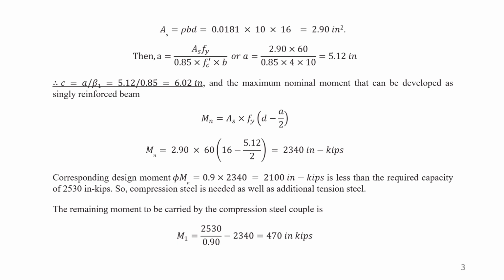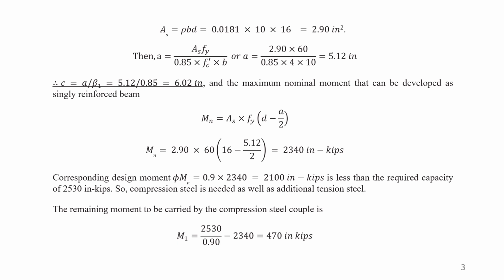Small c is the symbol of neutral axis depth for the beam, and here A is the value calculated in the previous line, and beta 1 for 4000 psi is 0.85. You can get it from the earlier lecture, the beta 1 value, and here we have used that value from that chart, and the C value is 6.02.